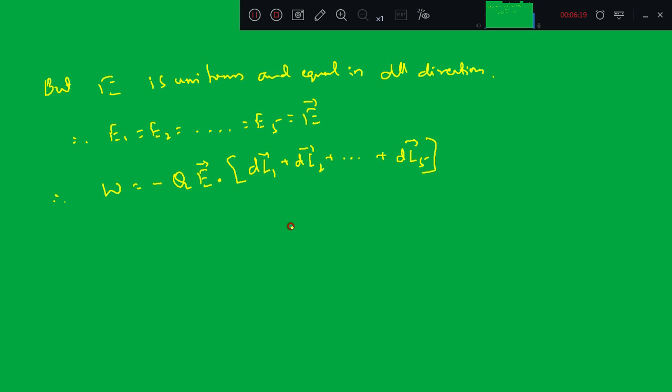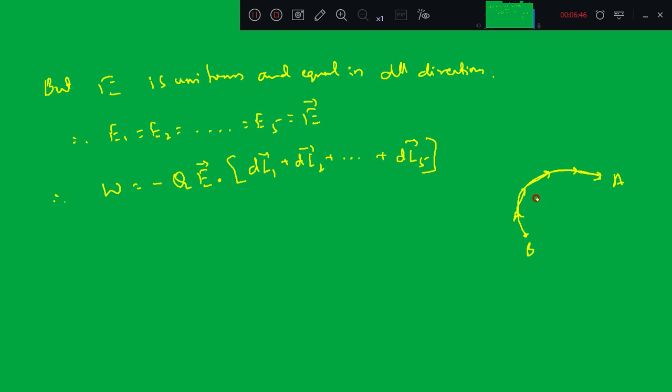So we also can calculate the work done from B to A. If I take, this is B, here it is A point, the path chosen is like this. So we have divided this into smaller segments, that is dl1, dl2, dl3, dl4 and dl5.